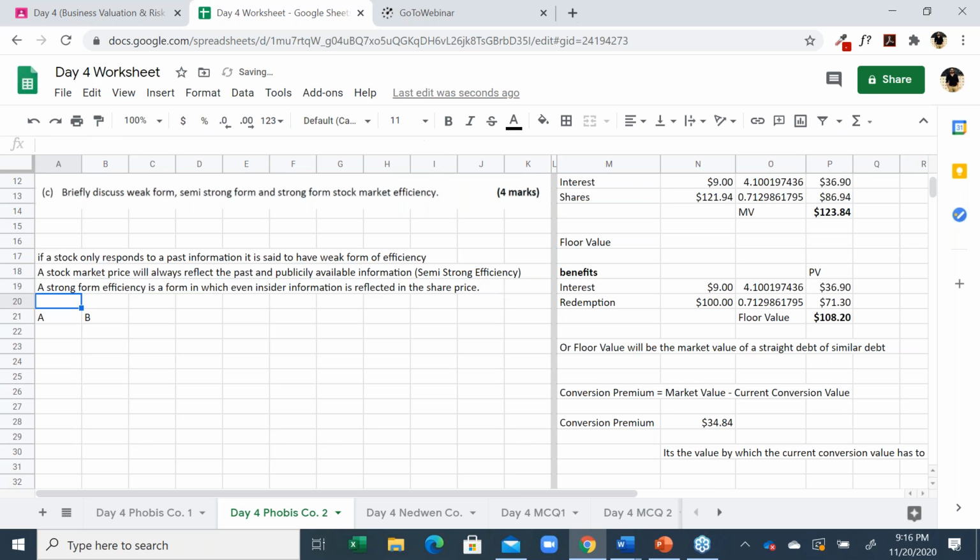What does this mean? A strong form market will be such that investors in that market at large will even come to know about a merger decision, even if the companies involved have not made this information publicly available.